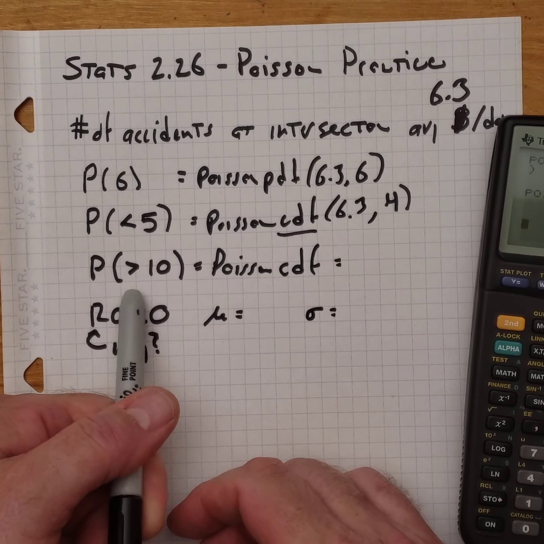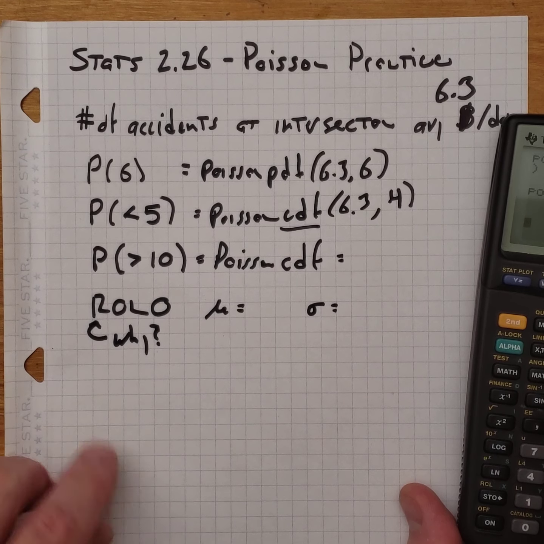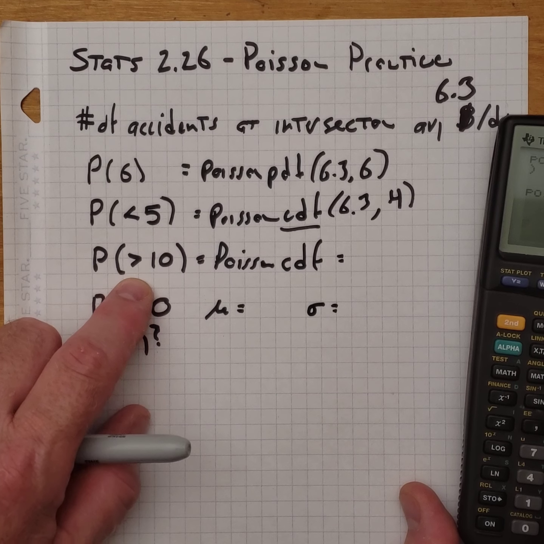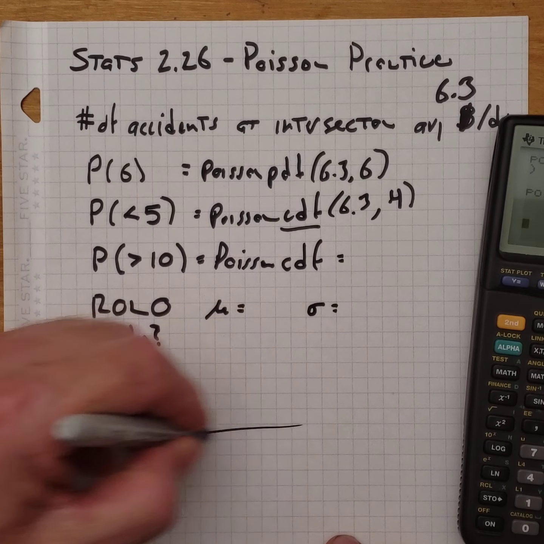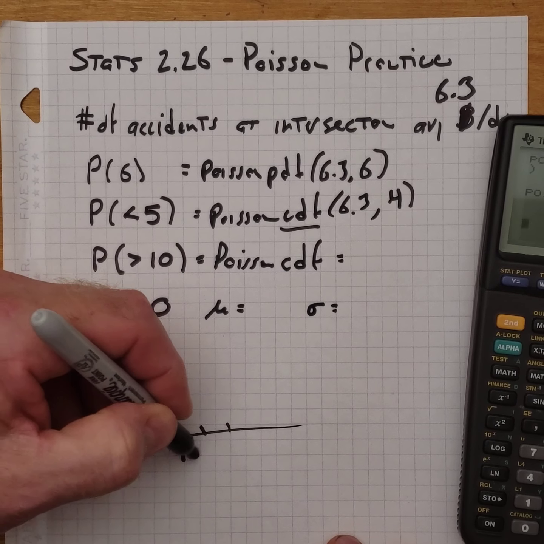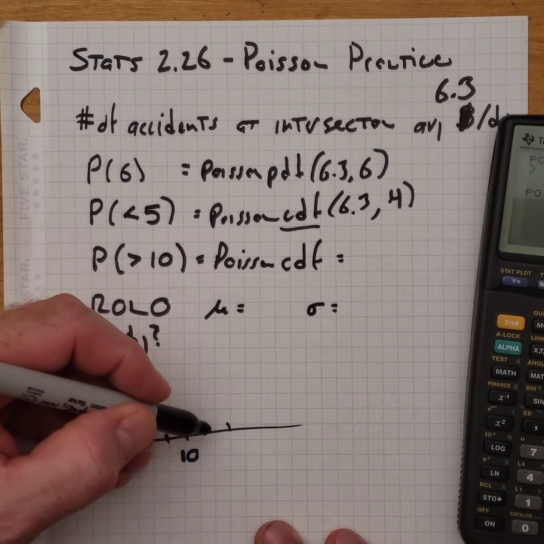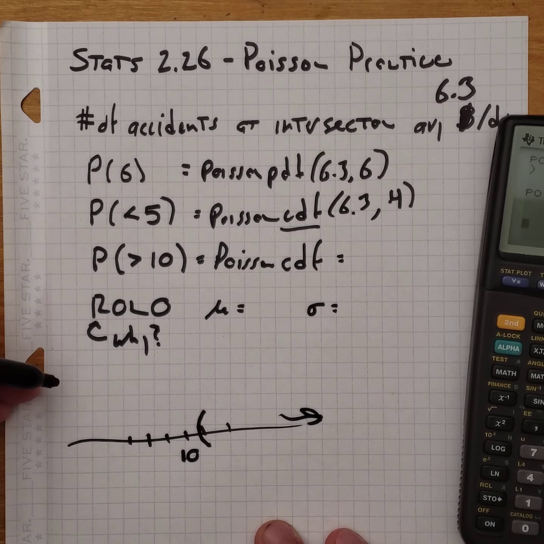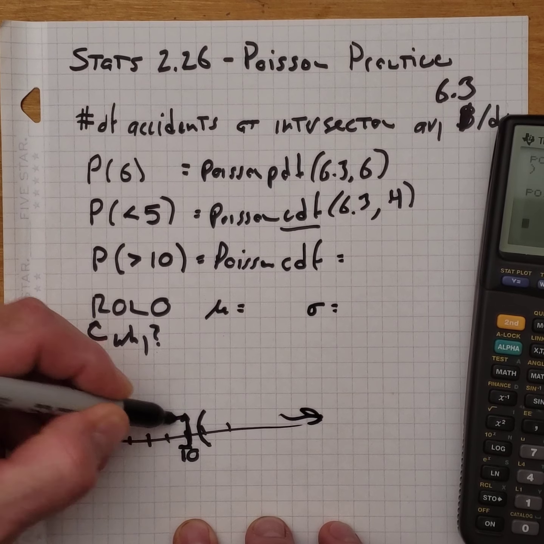And then one type of question we haven't really looked at yet, not in the videos here, we will in class for sure. What about the probability that we have more than 10? Well, if you think about the possibilities, we can think of them as being on a number line, and we've got 10 right there. The probability of having more than 10, that's going to be those on up to infinity, which means not up to and including 10.